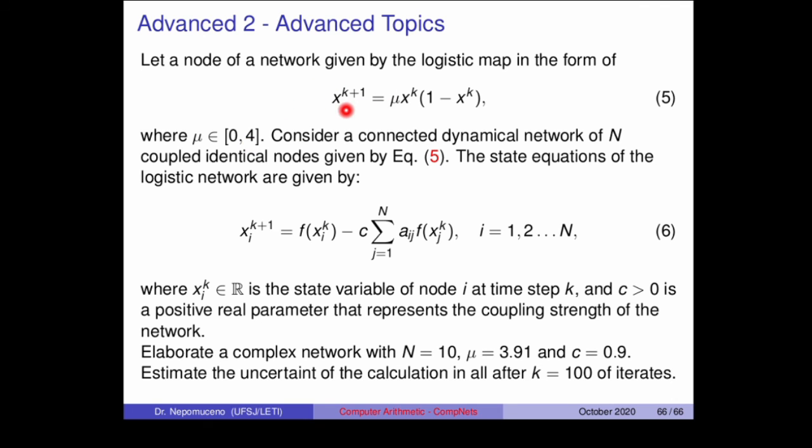Equation 5 gives the logistic map where mu_i is in the range of 0 to 4. Consider a connected dynamical network of n coupled identical nodes given by equation 5. The state equations of the logistic network are given by equation 6. It means that you get here the same equation as 5.